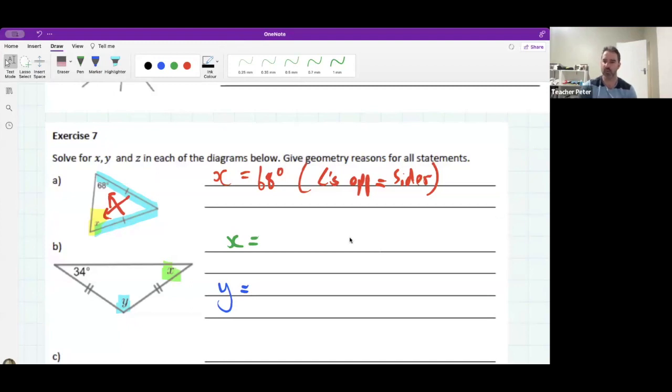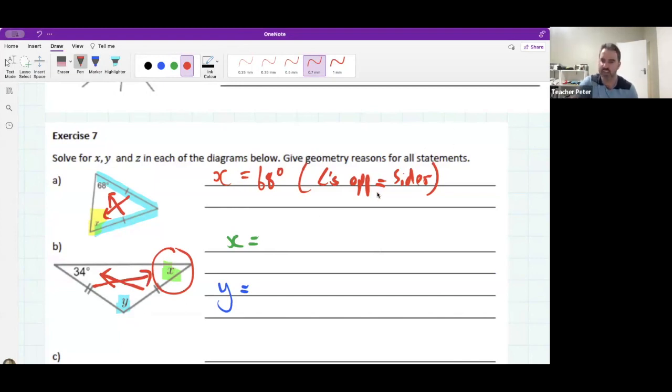So to help, once you've got X, Rolani, then you've used X to help you find Y. And the other thing I'll say is that that is opposite that side, and that is opposite that side.